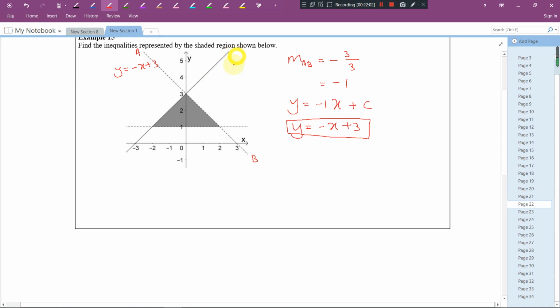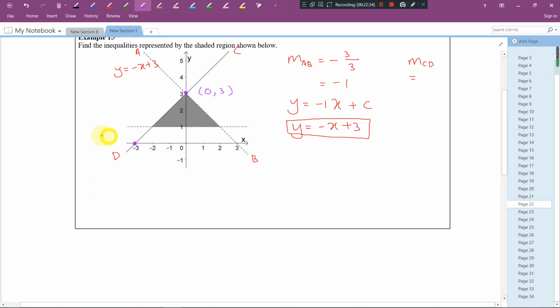Now let's proceed to find the equation of CD. Same thing, but this time I use another formula. Just now I used negative y-intercept over x-intercept. Now let's try y2 minus y1 over x2 minus x1. I have two points here. On the y-axis, x equals 0 and y is 3.